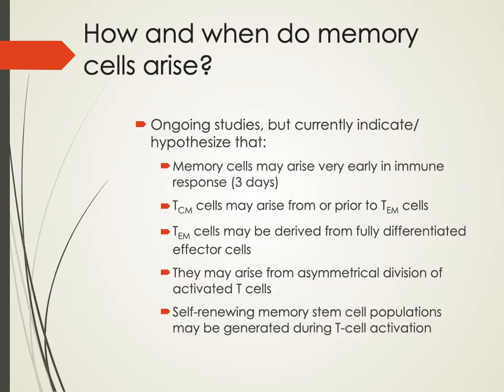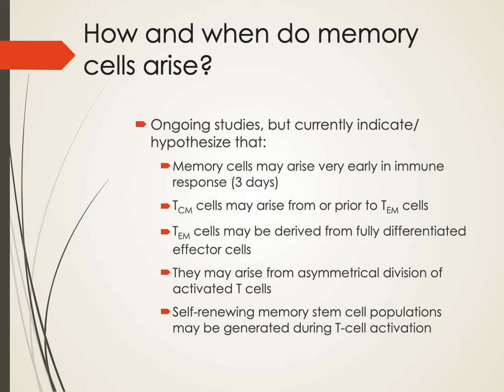So, one of the questions you might be wondering is how and when do memory cells arise? There are many studies still trying to understand the memory population, for both B cells and T cells. It seems that memory cells can arise very early in the immune response.